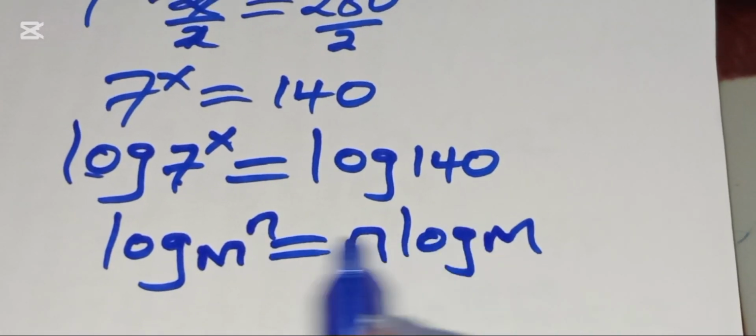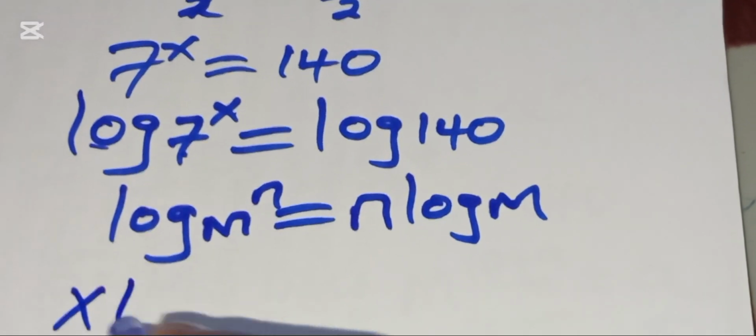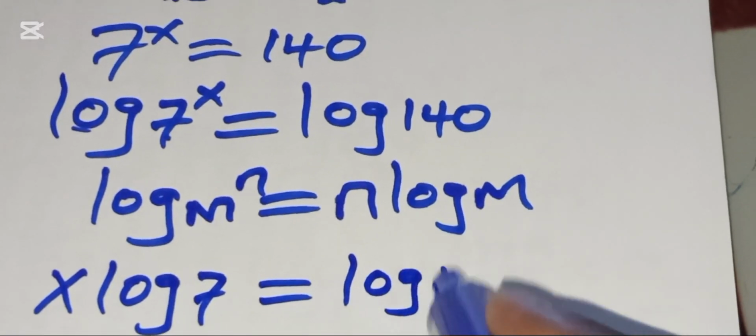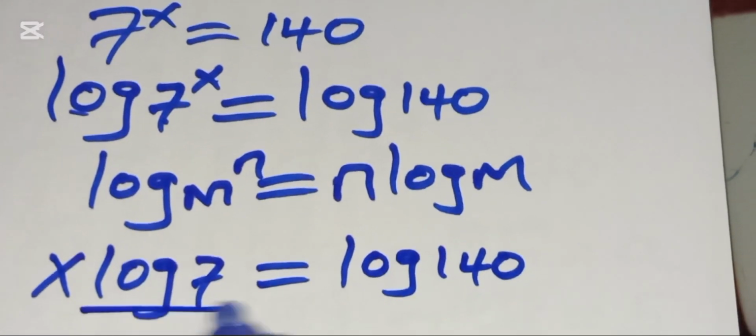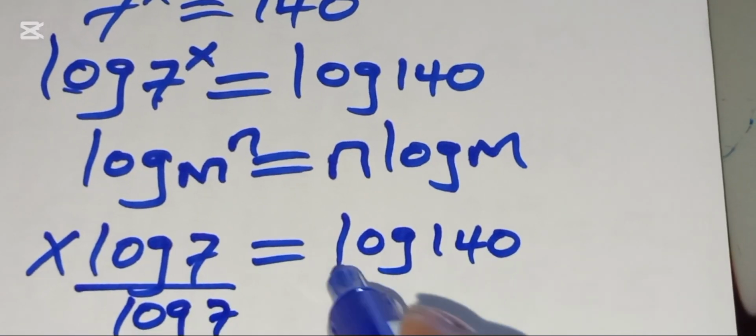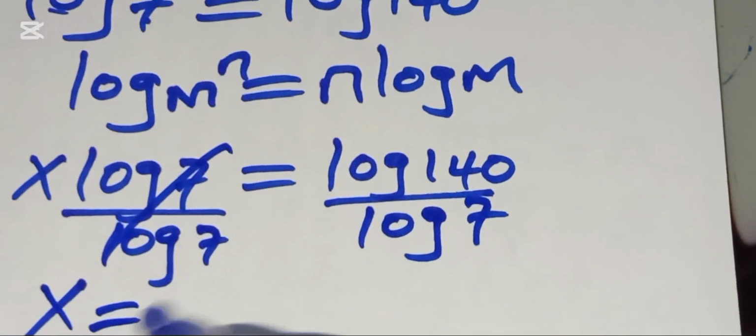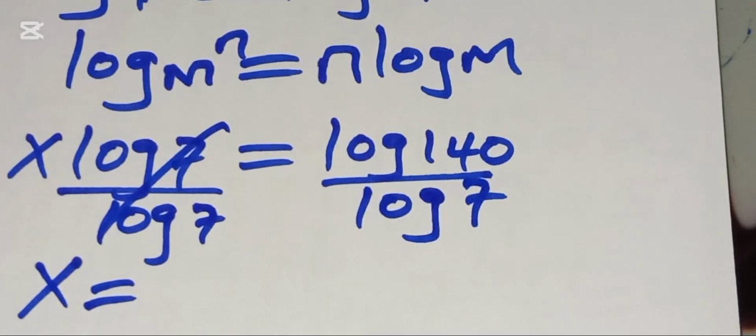So let's apply this property so that we have x log 7 equal to log 140. Divide both sides by log 7, so x is equal to log 140 divided by log 7.